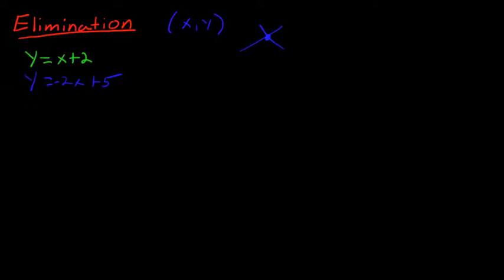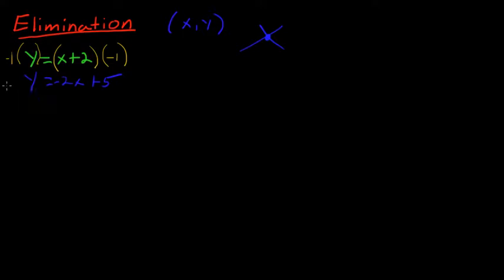So I'm going to multiply this side by a negative 1, and if I do that, I have to multiply this side by a negative 1. I'm multiplying both sides by a negative 1, and since I'm doing it to both sides, the equation stays balanced and equal.